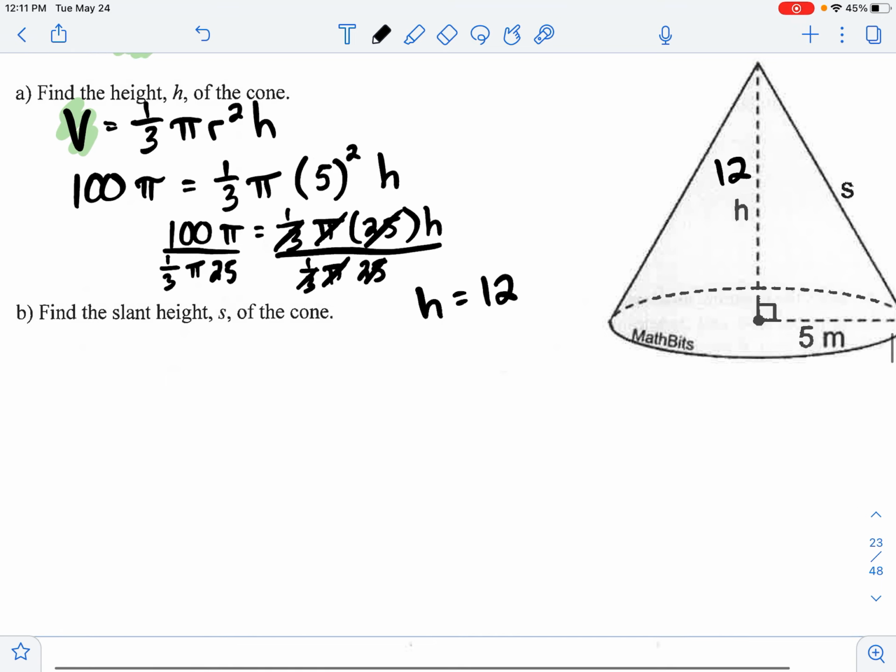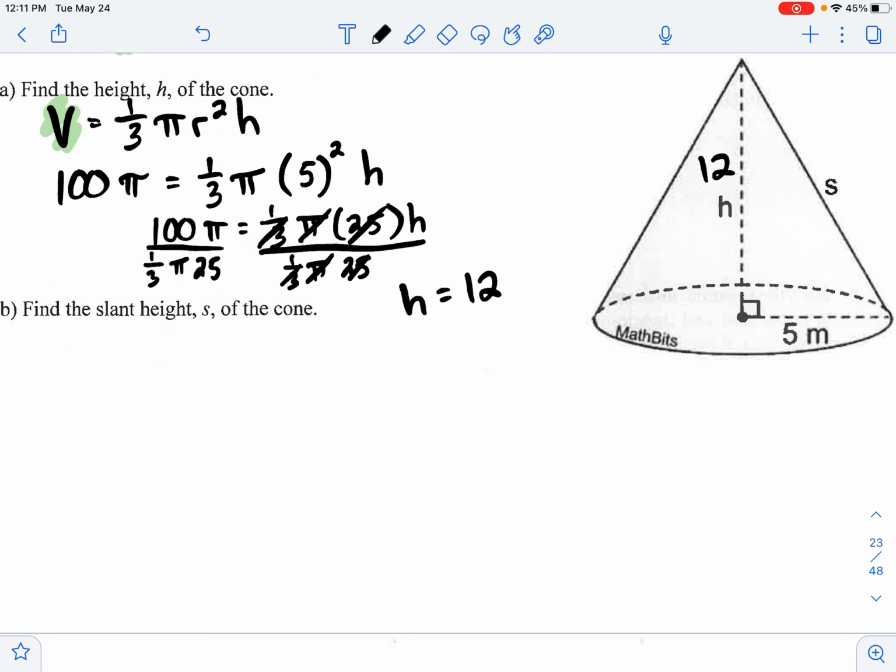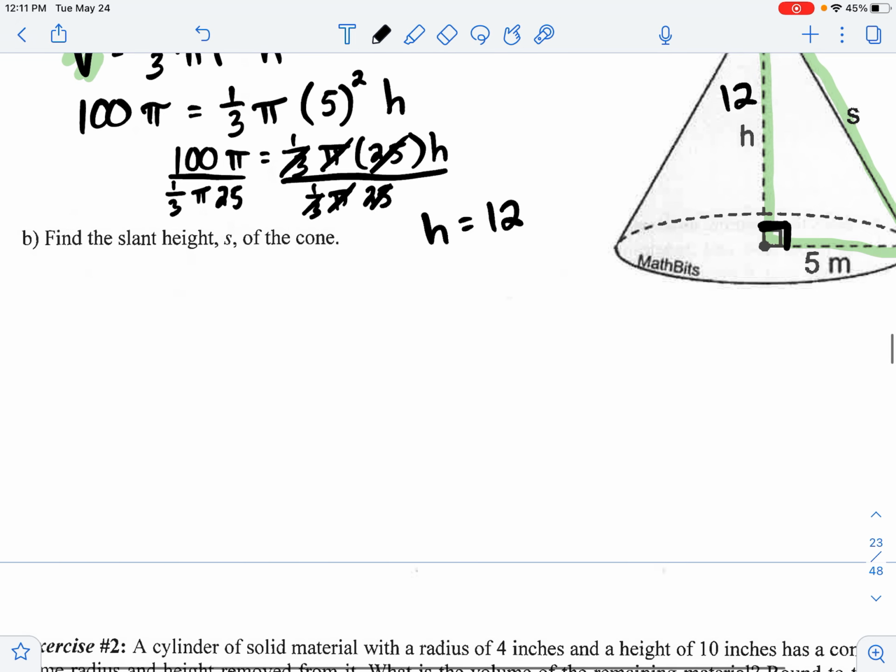Okay. Part B is asking us for the slant height S. So we want this slant height. To get the slant height, we have two sides in a right triangle. So we can use the Pythagorean theorem. A squared plus B squared equals C squared.